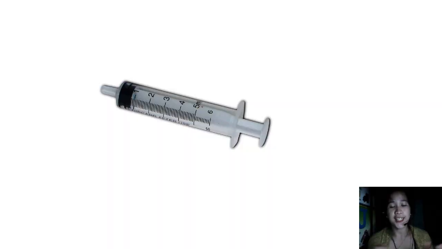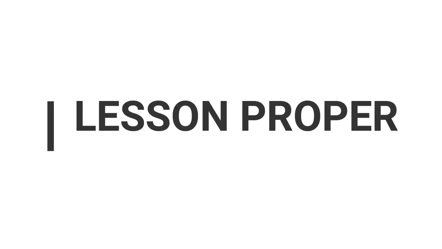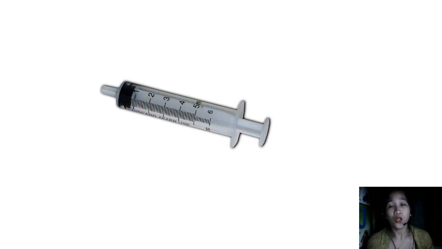Okay, so guys, let's analyze. From the activity, we observed that we could slightly push the plunger of the syringe with air in it. We felt the springiness of the air inside the syringe, which gives a hint about the distance between the particles of air.